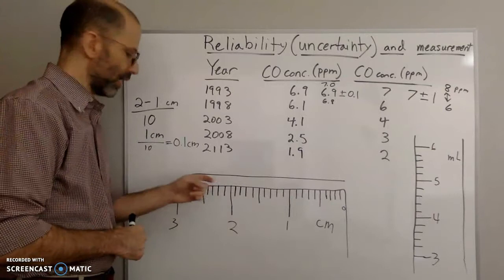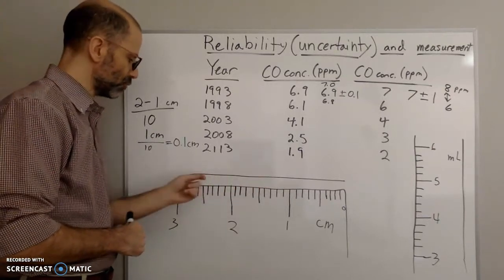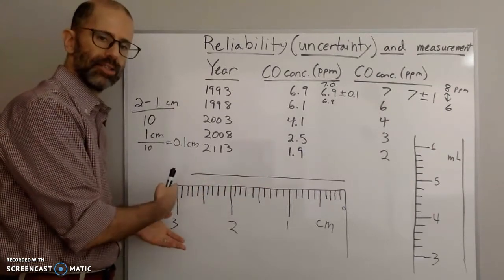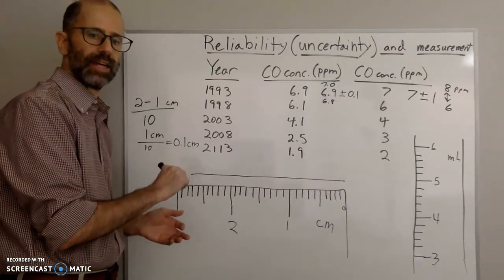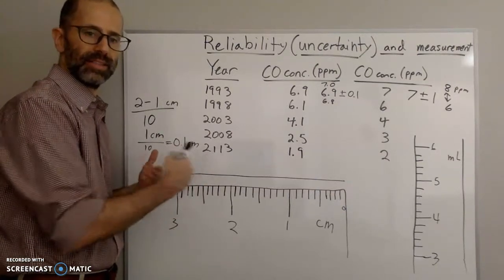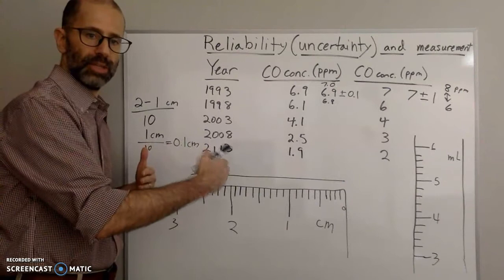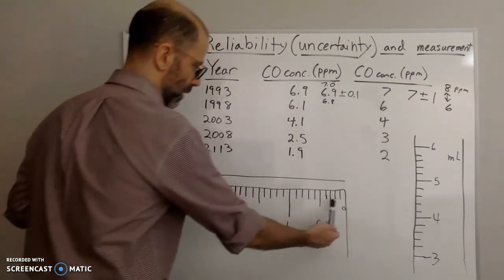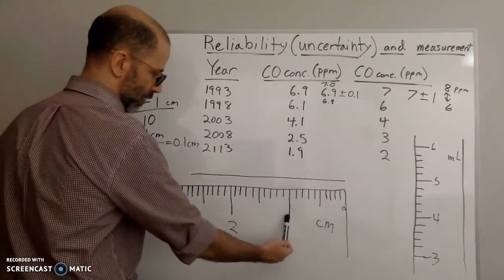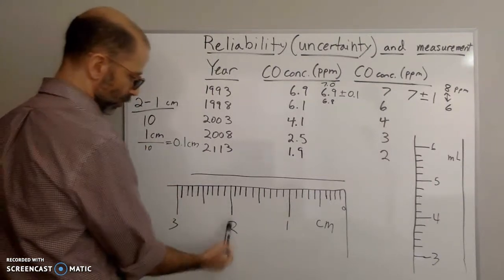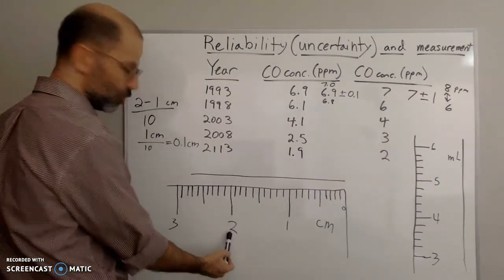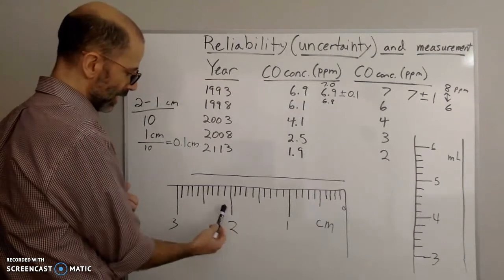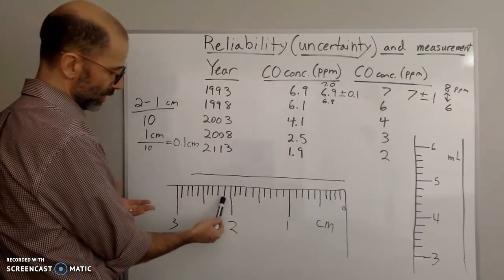So if what I'm measuring goes past a certain line, I know for a fact that that is part of my measurement. That's going to be a certain digit. So for example, here I'm measuring my line. I have 1, 2, so it's definitely 2 centimeters at least. And now I can use my lines here to add.